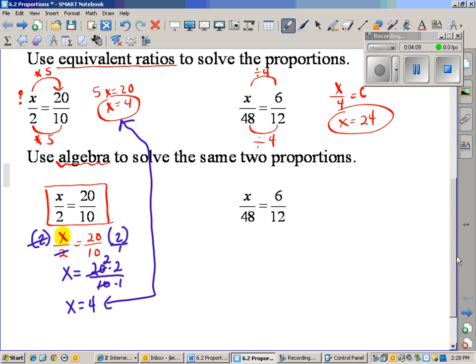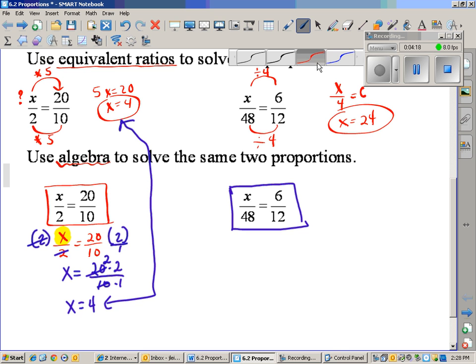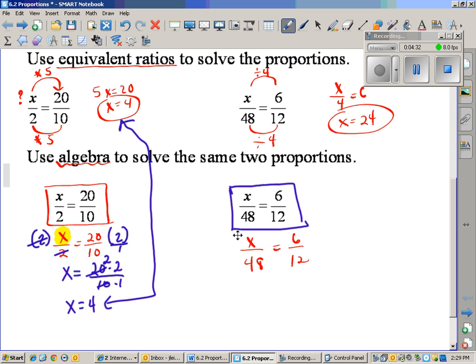Now notice, this is the exact same answer we got up here when we used equivalent ratios to solve it. Same answer, different process. So I'm going to set this one up as well. I'm going to box him up because he's an equation that we're solving. I'm going to rewrite him. And I'm going to ask myself, how can I get this x alone? Once again, he's got a number divided by him. So we need to do the opposite operation, which is multiplication. Multiply both sides times 48.